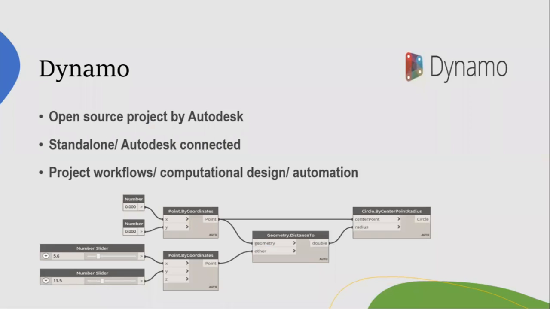Also, it can be used to automate repetitive and tedious tasks, for example, large amounts of data, sheet creation, schedule creation, as well as creating columns out of CAD files and walls out of CAD files. So many tasks can be automated using Dynamo.